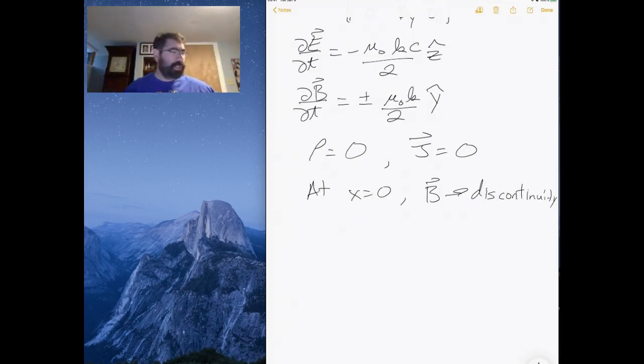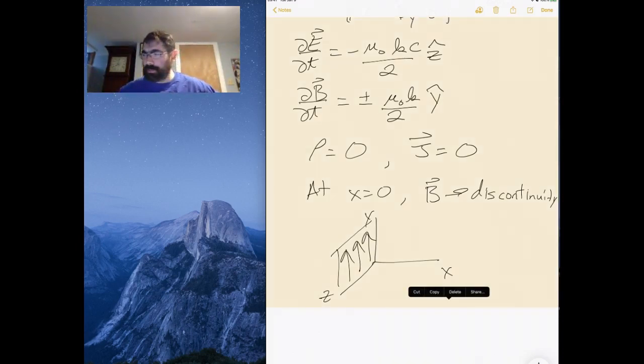And so what we find is that there is a surface current in the, I'm sorry, the yz plane. So in here, we have this current flowing in that plane.